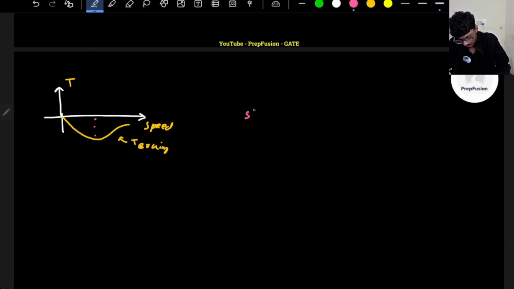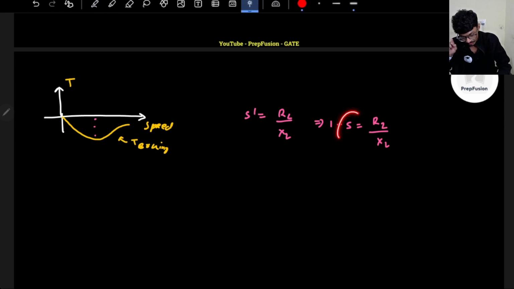In normal condition, I used to equate S equals R2 by X2, rotor resistance upon rotor reactance. But now S has changed to S prime, slip has changed. So 1 minus S will be equal to R2 by X2, and at this slip I will observe the maximum braking torque.